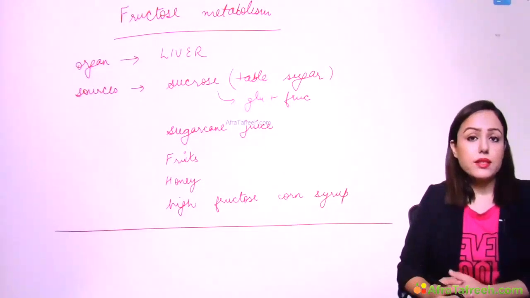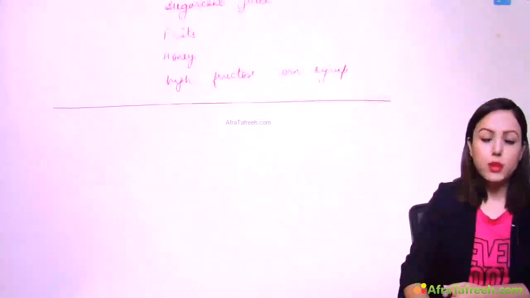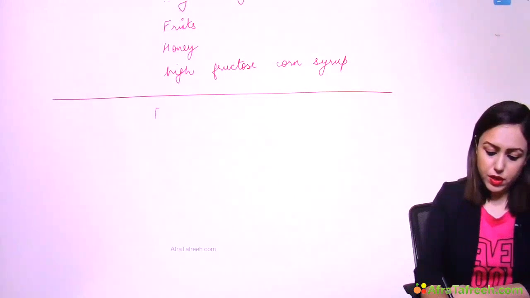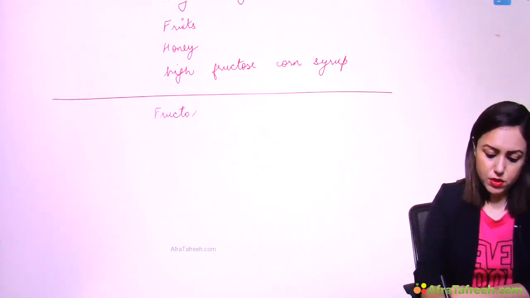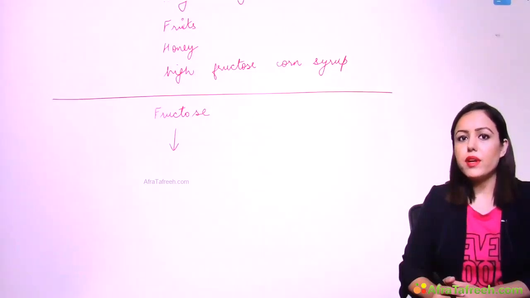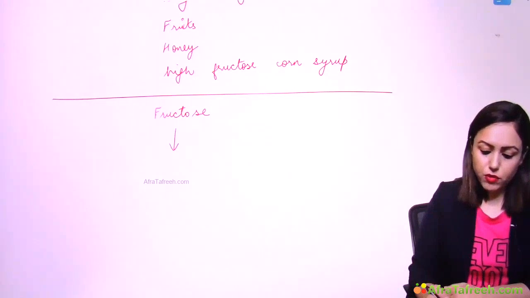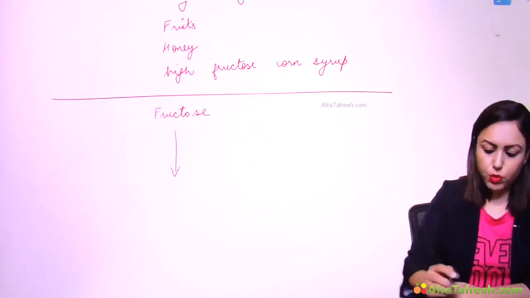Now, next, let's see how this fructose metabolism occurs, the biochemical steps. So when fructose enters the cells, any monosaccharide, when it enters the cells, then what will happen? Phosphorylation will occur for the entrapment of the monosaccharide.